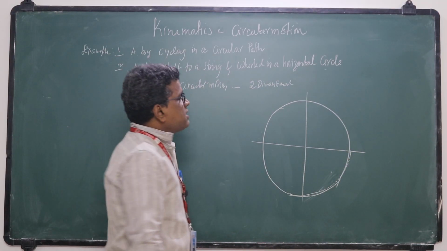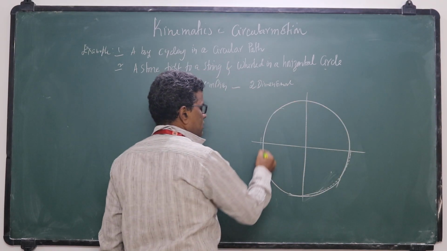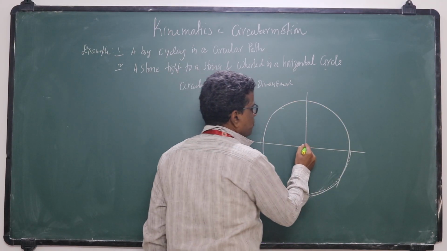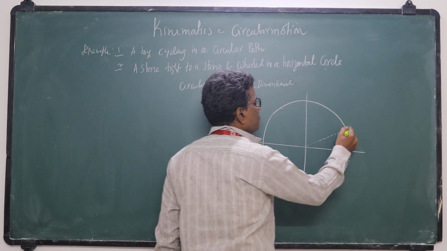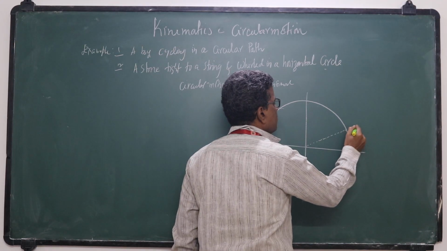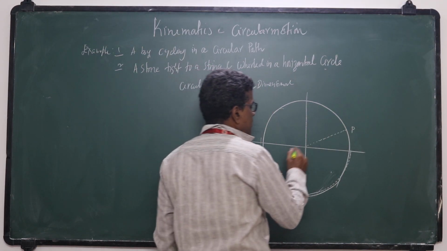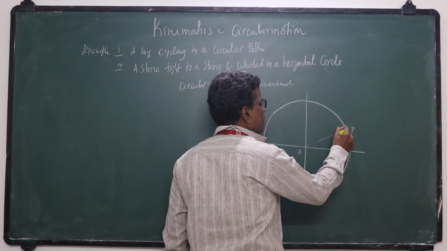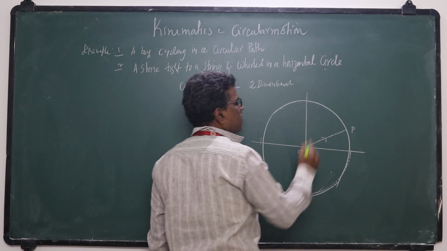I assume a particle moving in a circular path. Let the position of the particle on the circular path be P. This position of the particle is represented with a vector called the radius vector, along OP bar.